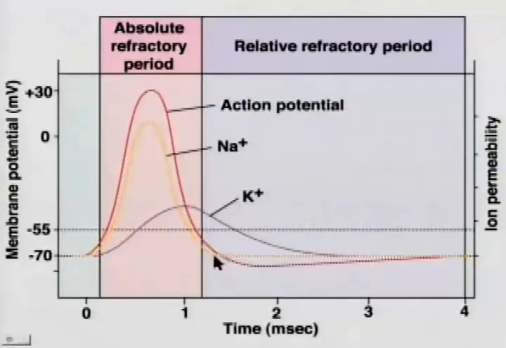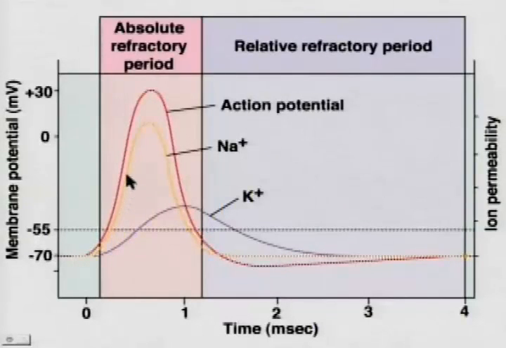So we want to remind ourselves of the ion permeability, in this case shown on the right-hand scale for the potassium and the sodium curves shown here. And we have the action potential, of course, with the membrane potential on the y-axis to the left, and milliseconds.